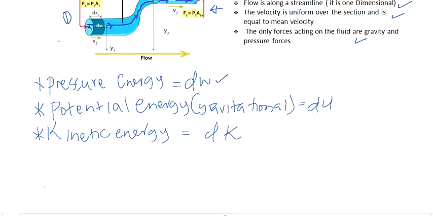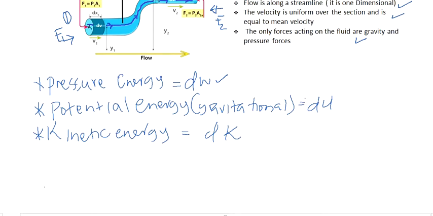Here is force F1 in the direction of flow, and this is F2 opposing the displacement of the fluid as it is leaving the flow tube.